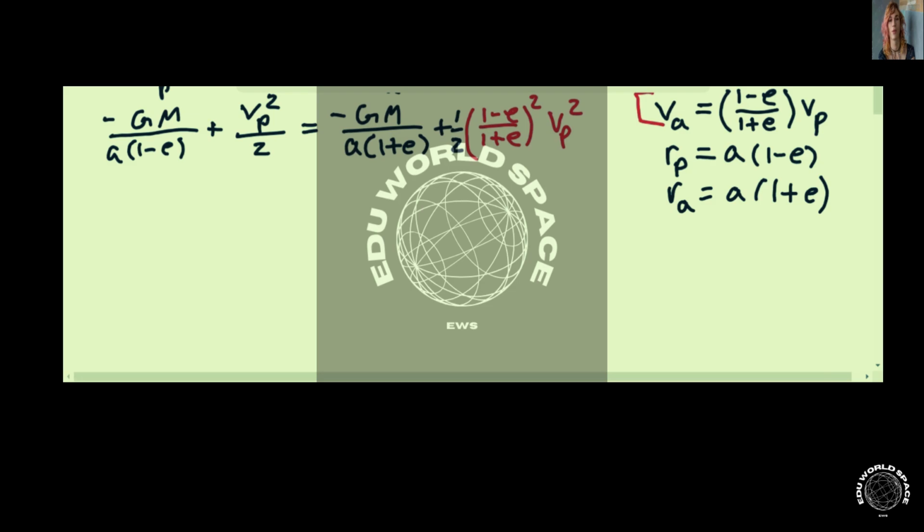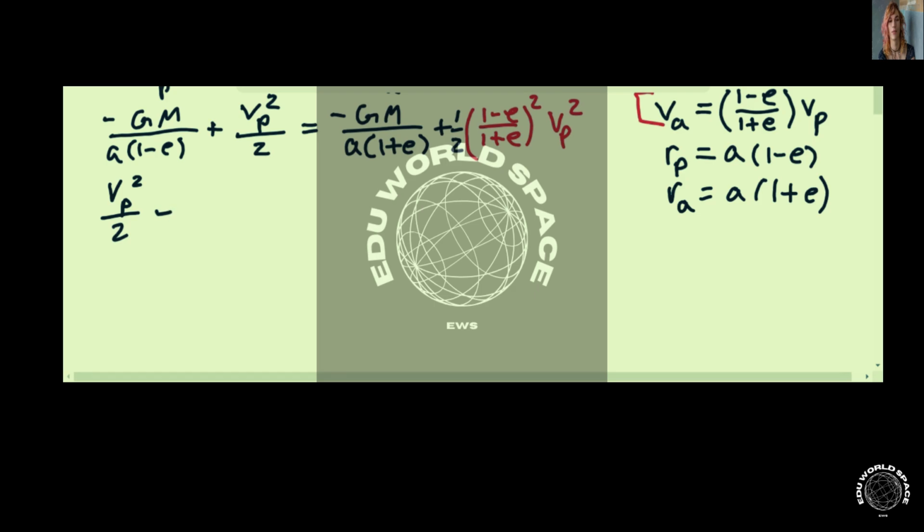Next, I'm going to rearrange my equation. I'm going to try and get both my VP terms on the left side of the equation and both of my GM terms on the right side of the equation. So here's VP squared, and then this 1/2 times all that business squared times VP squared, I'm going to subtract that off over here.